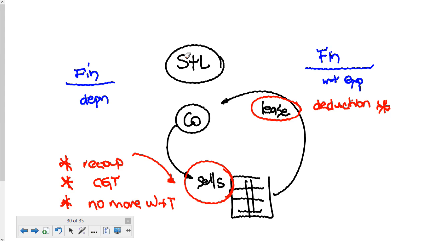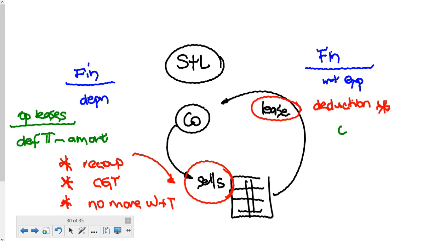For operating leases, we have an expense. For operating leases, we also don't have an asset. Let me just put it on that side. No, wait. We have a deferred profit over here on this side, which we are amortizing over the period of the lease.